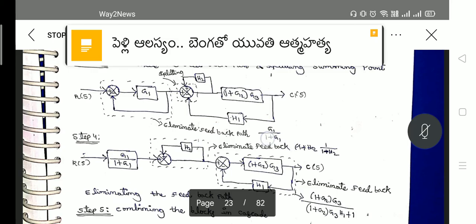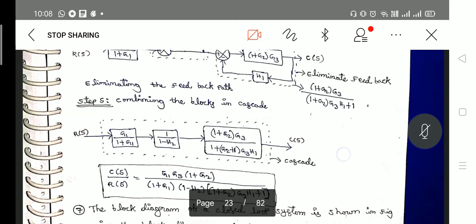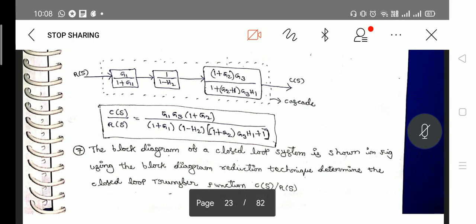So after simplification of both, what we'll get, these three blocks are in cascading. So we can multiply all three blocks, then we will get G1 G2 G1 G3 into 1 plus G2 by 1 plus G1 into 1 minus H2 into 1 plus G2 G3 H1 plus 1. This is the final transfer function of this system.